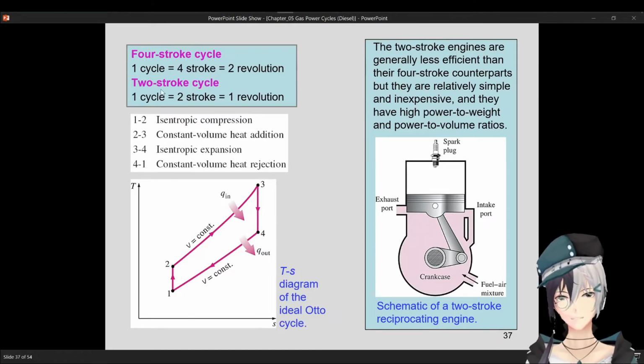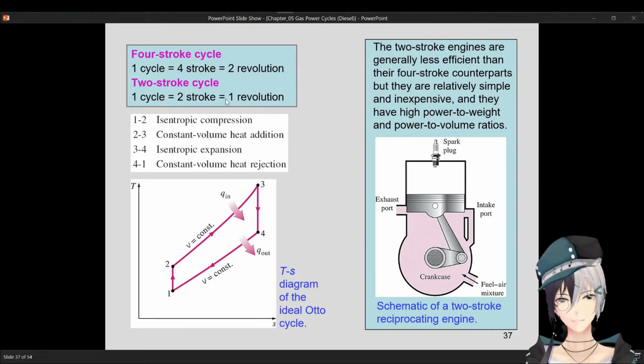For a two-stroke engine or two-stroke cycle, you have one cycle with only two strokes, and that leads to one revolution. So for every revolution, it creates a power stroke.